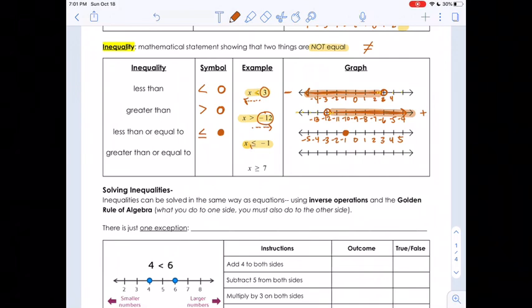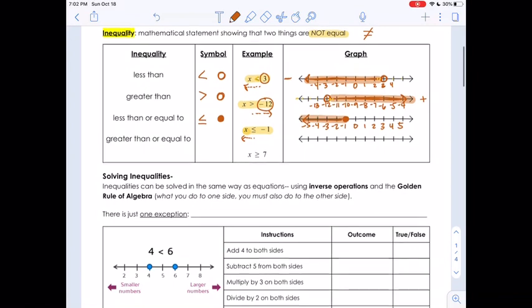Less than meaning, look where that arrow is pointing. It's pointing to the left. So my arrow is going to go to the left here. And so my answer could be anything less than negative 1 or including negative 1. Because we have that closed dot, it could also include that value.